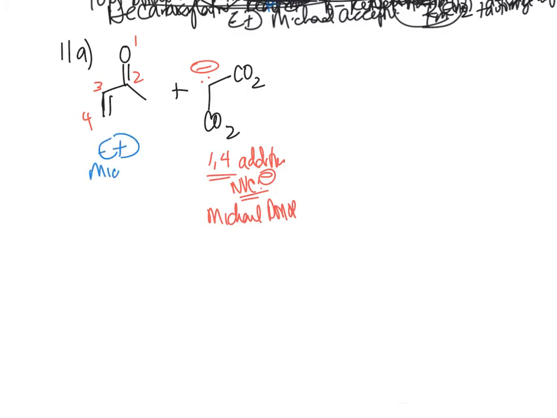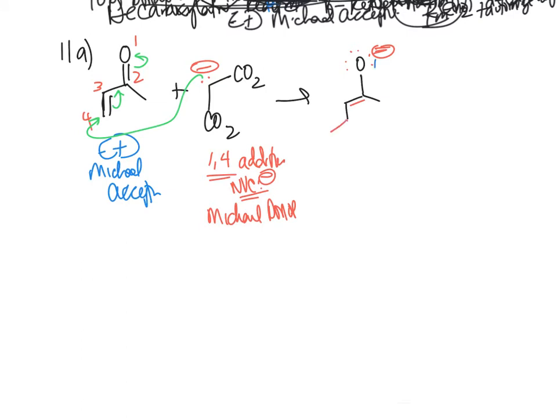This is going to be a Michael acceptor. And so you see that those electrons there go there. These electrons push up. These electrons push up. You do need to know this mechanism. And you've added to the 4.